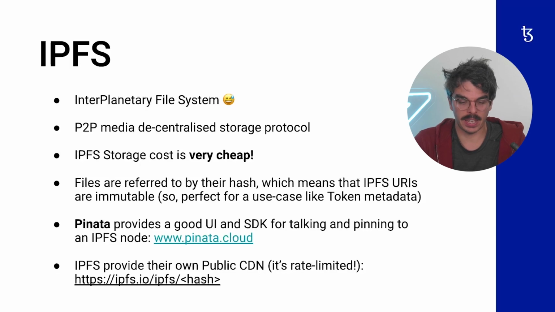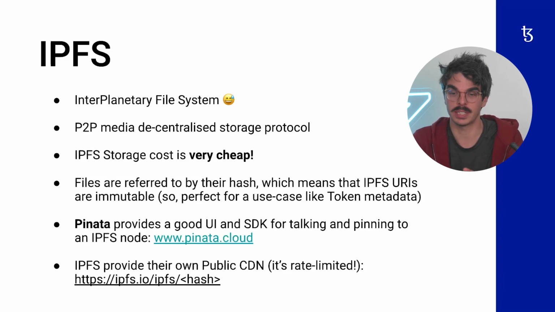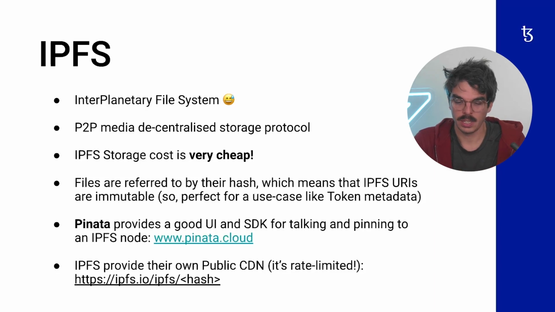So in IPFS, files are referred to by their hash. I'll explain this concept in a little bit. But when you upload a file, a hash for that file is generated, and that is the unique identifier used within IPFS to identify that file. And what that means, and this is important, is that IPFS URIs are immutable.